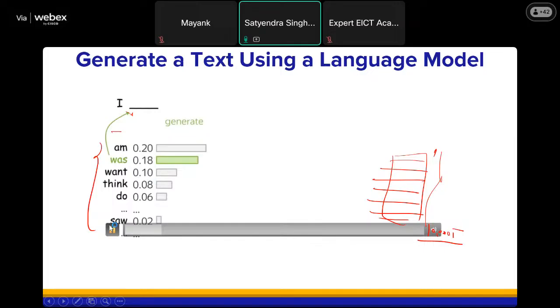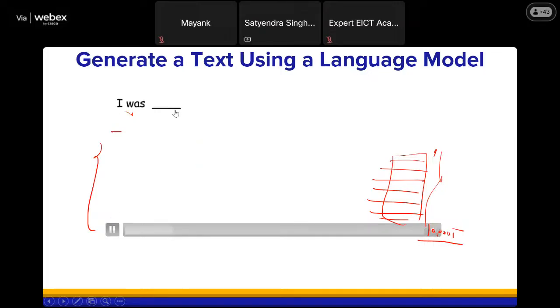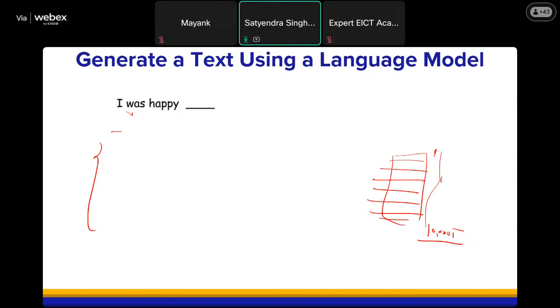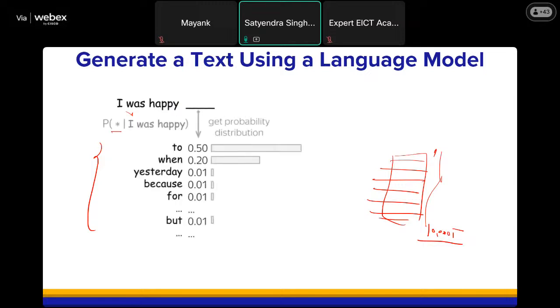Then next time, given those two words as the previous context, the probability of other tokens is calculated, and so on. Every time it generates the probability of the next word given the previous words. So this is how generation happens using a language model.